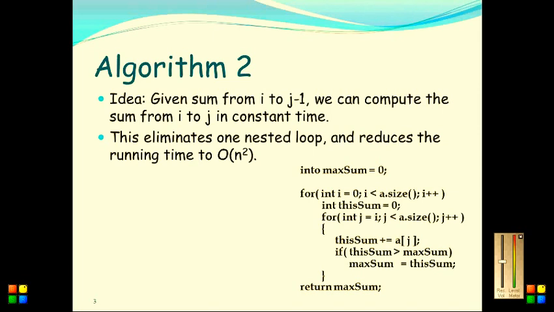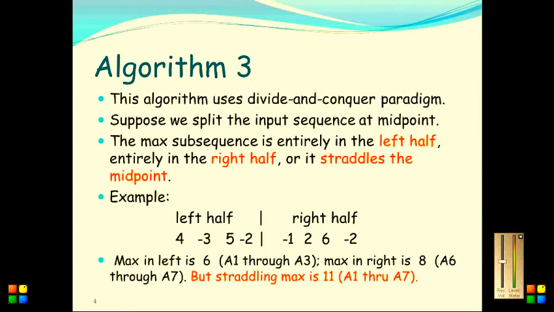The answer is yes. By splitting the list into 2, we can use the divide and conquer paradigm. Split the list along the midpoint, search for the maximum subsequence in the left half, then do the same for the right half. But does that suffice?